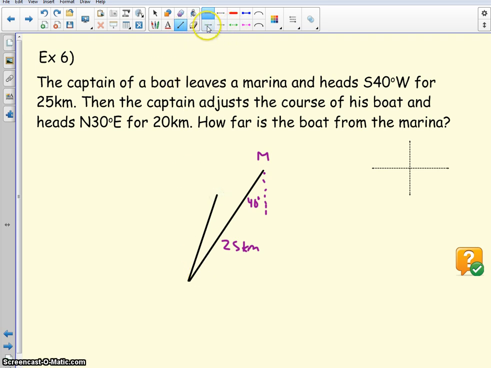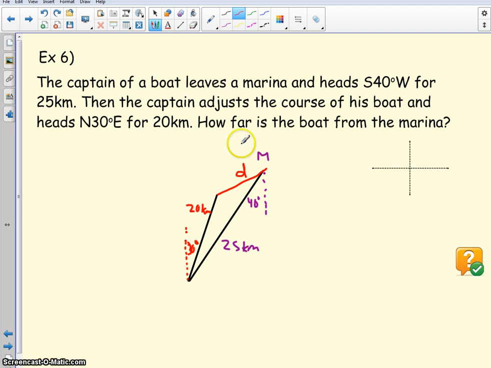So it's north and then 30 degrees, and then 20 kilometers. After that turn, driving for a little bit, he winds up there. We want to find out how far he is from the marina, so we want to find that distance right there. This is the diagram for this particular situation.